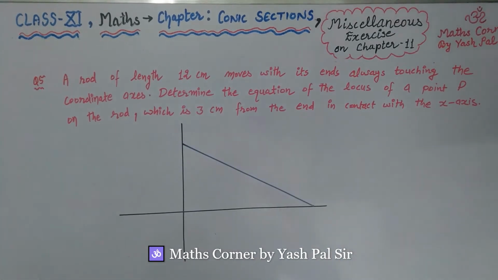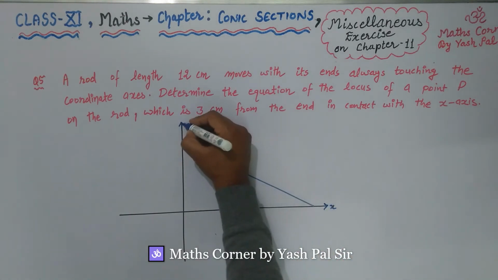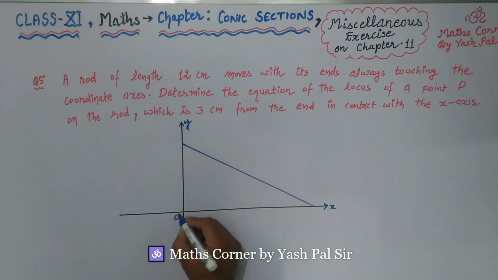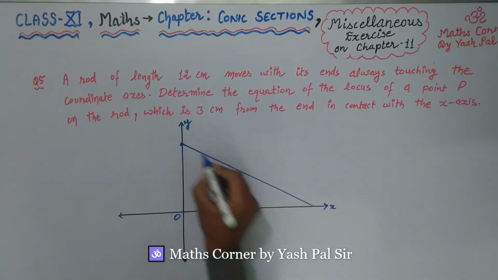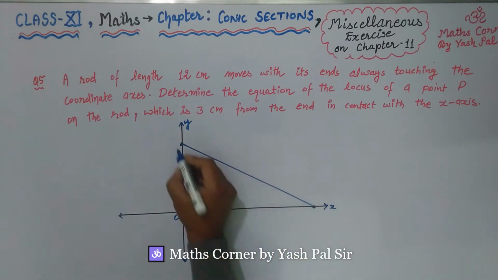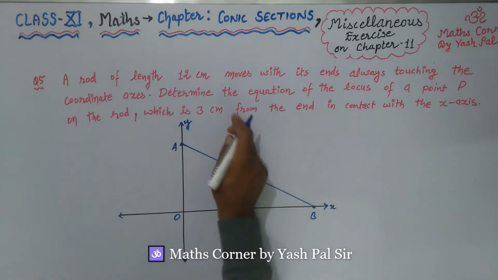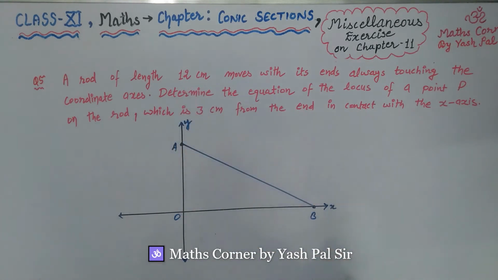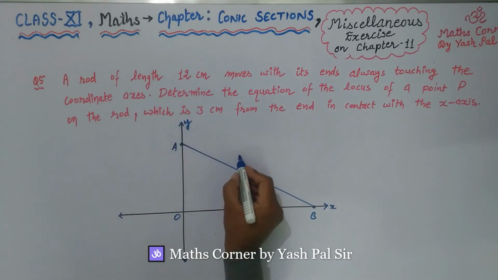The diagram we have like this. We have the coordinate axes, x-axis and y-axis. This is the origin. And this is the rod. Name of this rod is suppose AB. This is 12 centimeter in length.